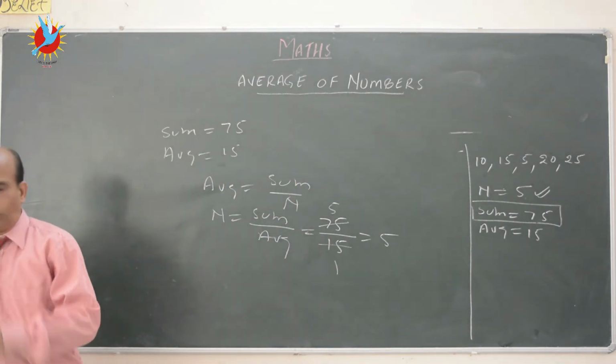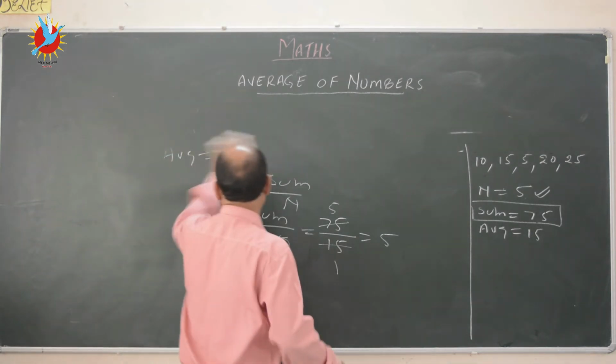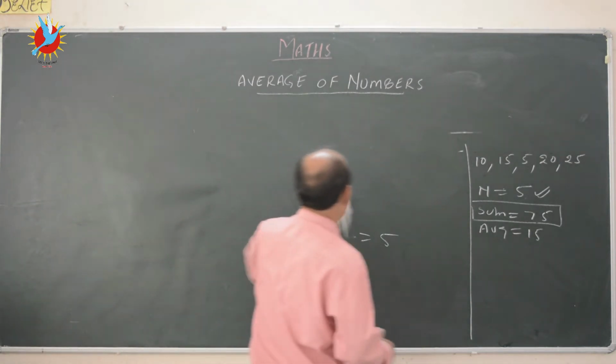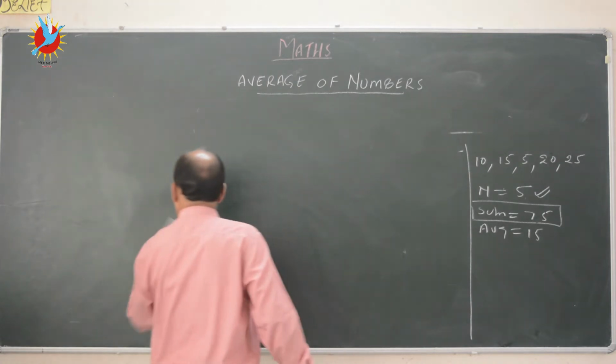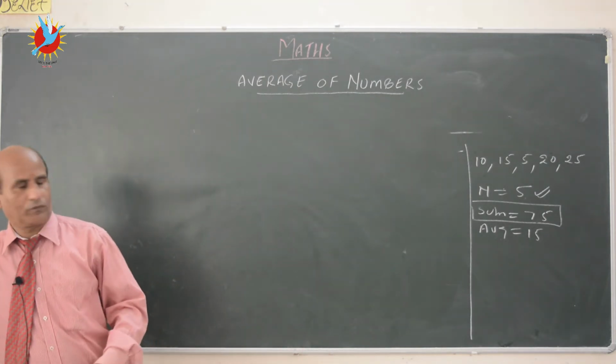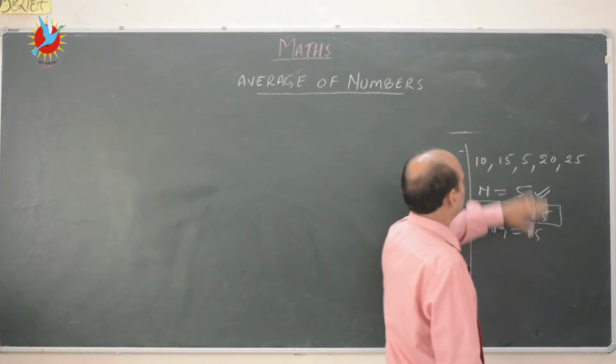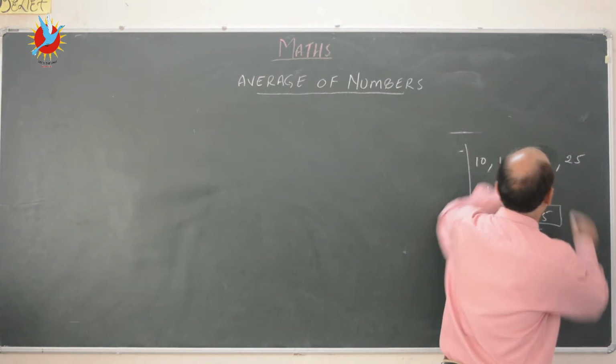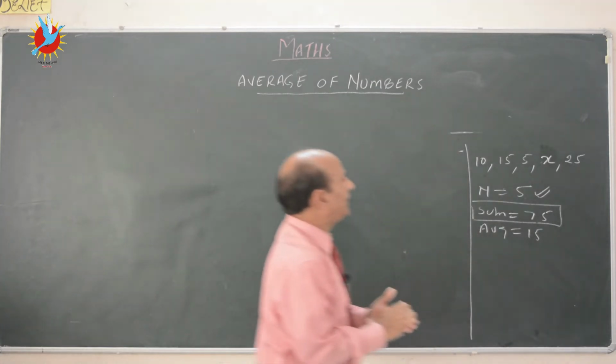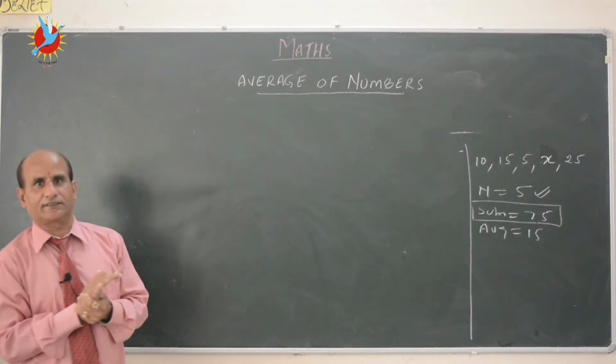Now the fourth thing is application of the average when something is missing, when some number is missing. Suppose in this you have 5 numbers. Suppose we have deleted this number and put it as x.